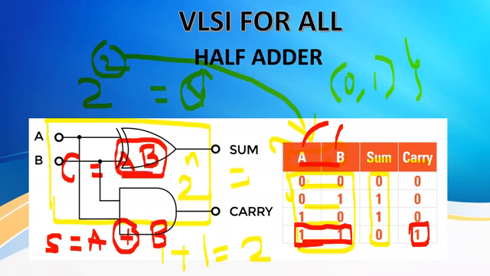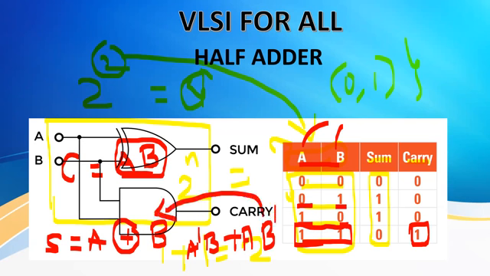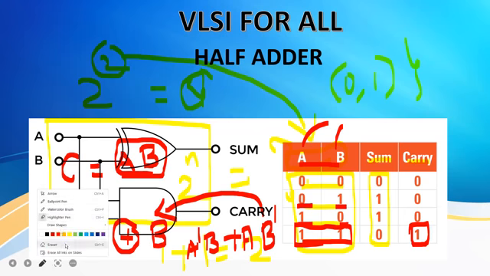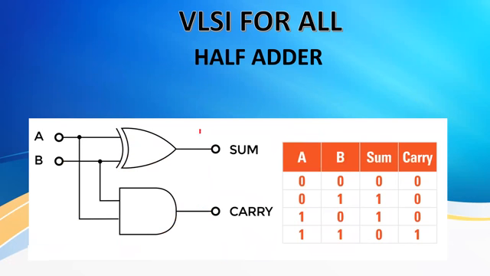So we have AB. And coming to sum, here we have A complement and B, this is A and this is B complement: A complement B plus A B complement. In turn, this formula refers to A XOR B. I hope you got the knowledge of sum and carry with respect to half adder, and this is how the circuit looks.